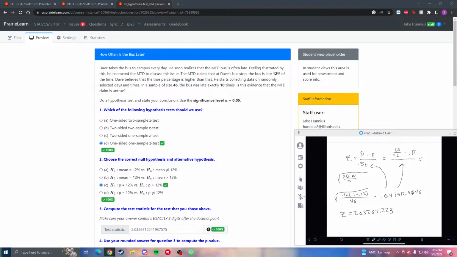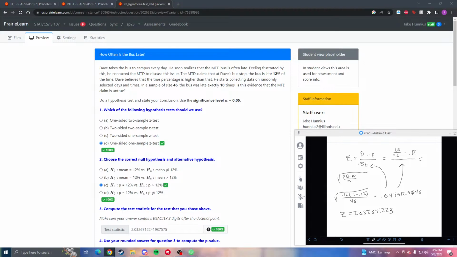We're trying to prove that it is or isn't the population mean. So we're given a population proportion of 12%, or 0.12. We need to standardize that so we can use the normal curve to calculate our p-value.